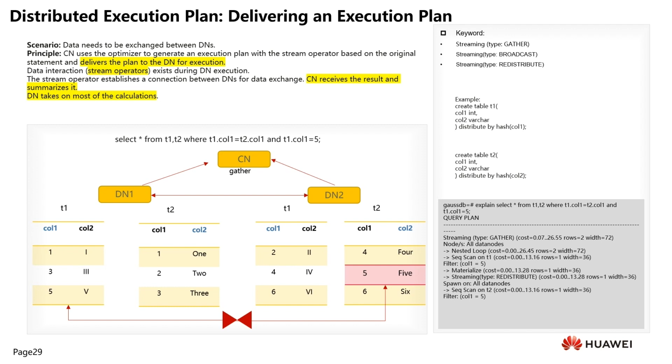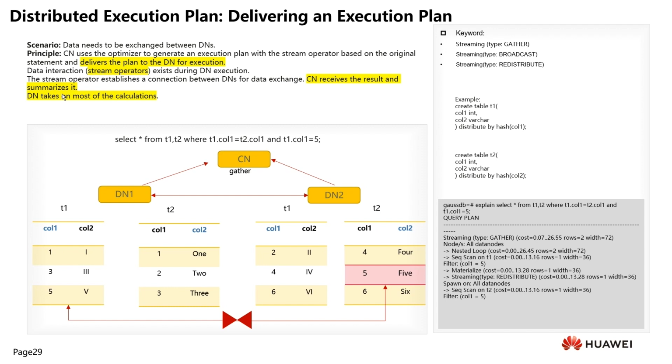And the second mode is where the CN delivers the execution plan to the DNs. Again, let's go through the scenario and principle. This is where data needs to be exchanged between the DNs, and the CN uses the optimizer to generate the execution plan with the stream operator based on the original SQL statement and delivers the plan to the DNs for execution.